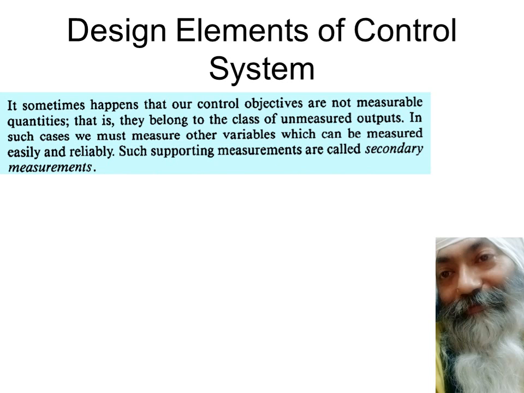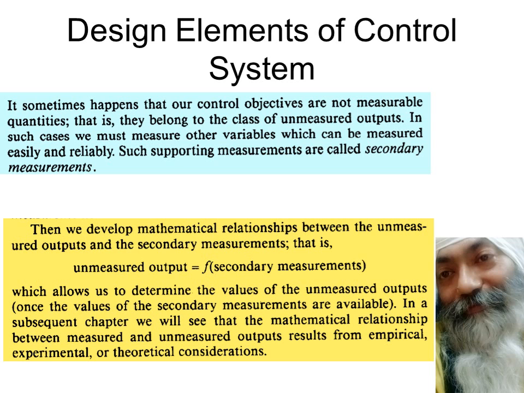Now, as I've already said, some of the measurements cannot be done directly, so we cannot get those measurements. So we go in for the secondary measurements, the supporting measurements as such. These supporting measurements are somehow able to give us some estimate of the measurement which cannot be made.